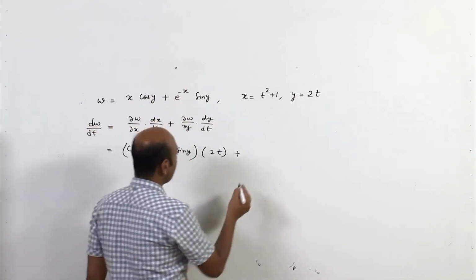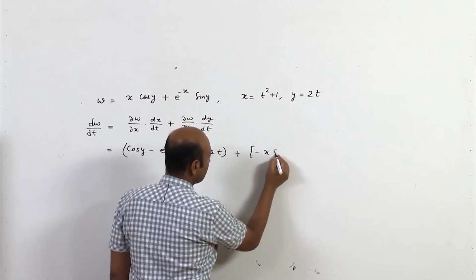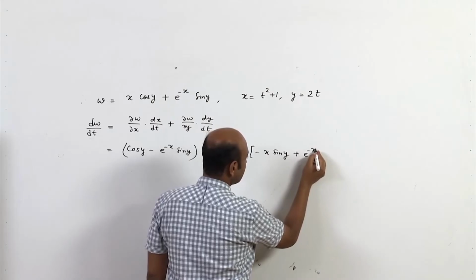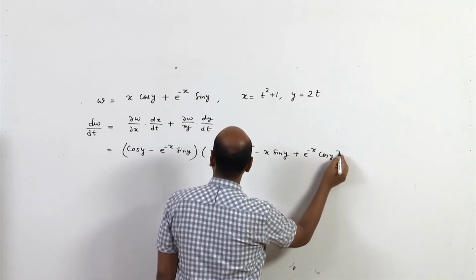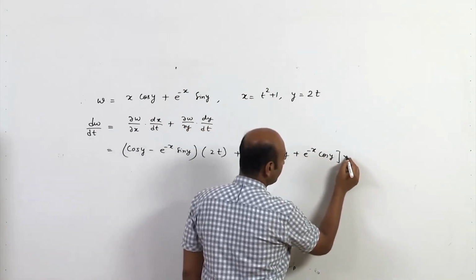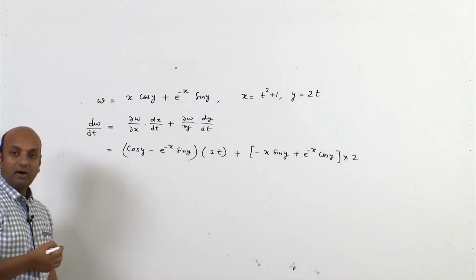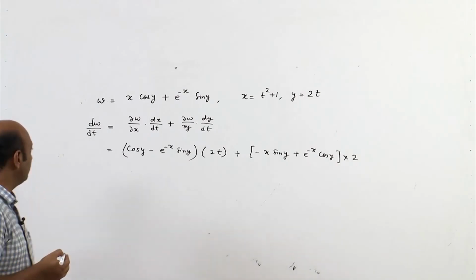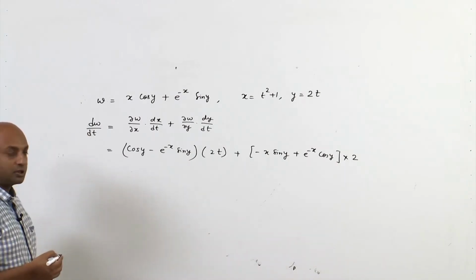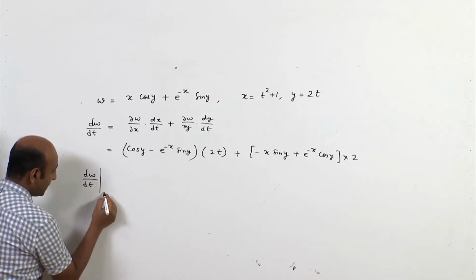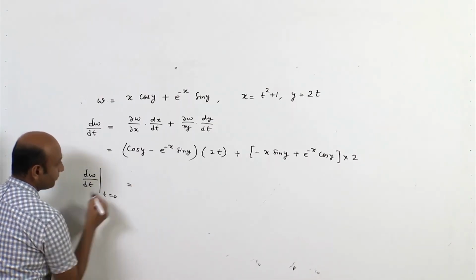So, it is minus x sin y plus e raised to power minus x cos y, and dy by dt is 2. So, we have to compute this expression at t equal to 0. So, dw by dt at t equal to 0 will be.